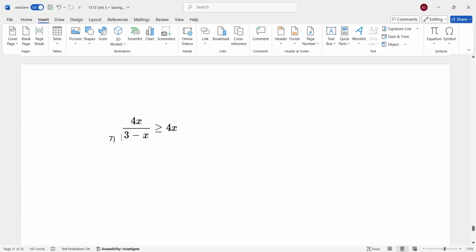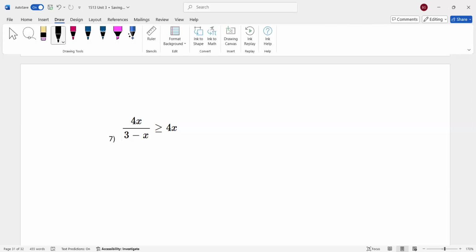A common mistake is to take f of x equal to the left side, but they forgot the very first step of solving a rational inequality, which is to write the inequality in standard form. This one is not yet in the standard form, so we need to spend time to do that.